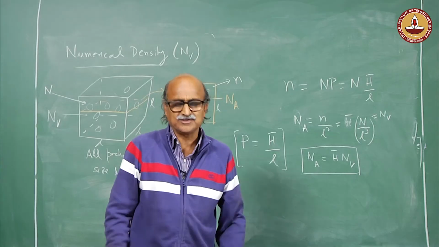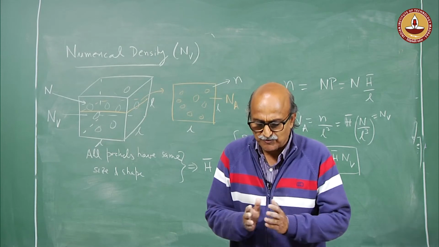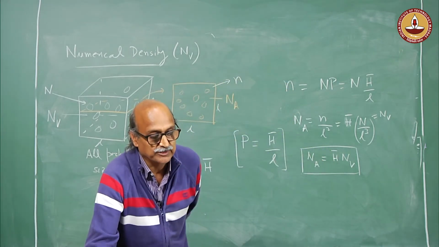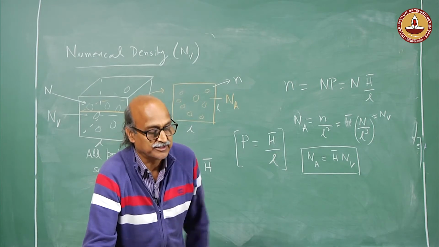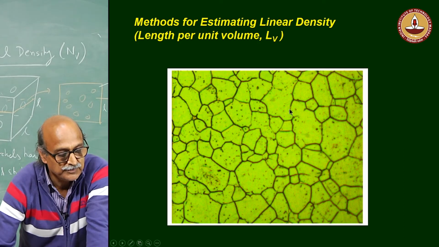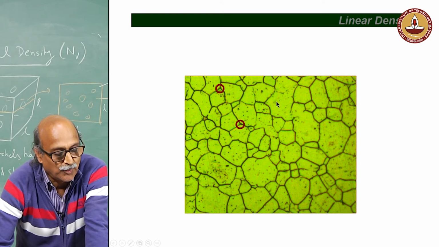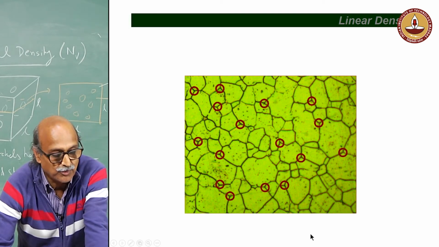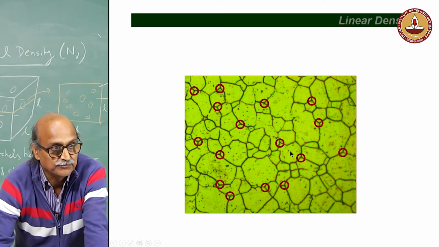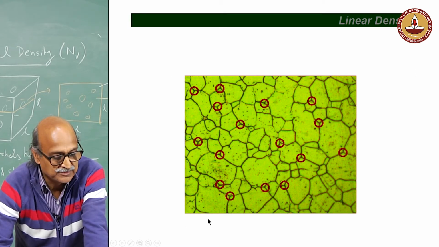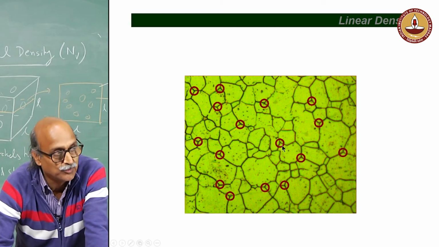Now, this is a microstructure where I want to estimate length per unit volume, but where are the points in this? If you look at the triple points, these are all triple points. In 3-dimensional structure, these are triple edges. So, you would count each triple point, count all exhaustively, you have to count all the triple points in the structure. I have circled only a few, but you would count all of them in this given area of the microstructure, or you could put a smaller frame in it and count the triple points.